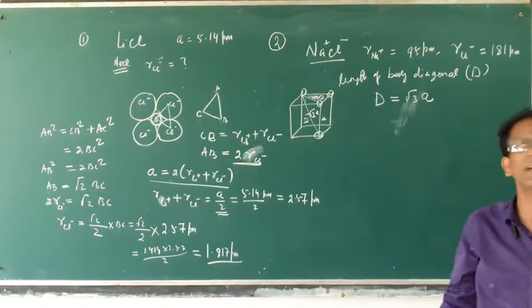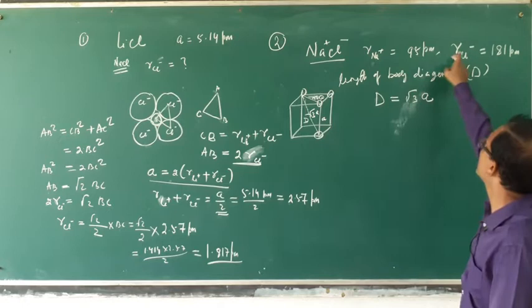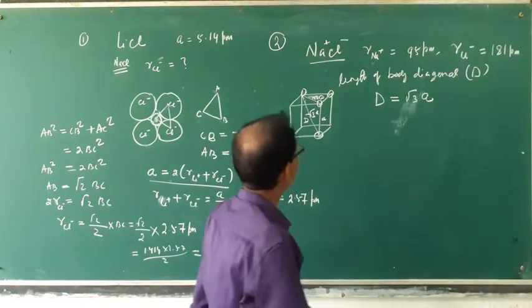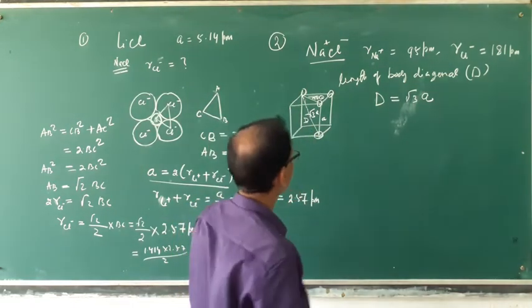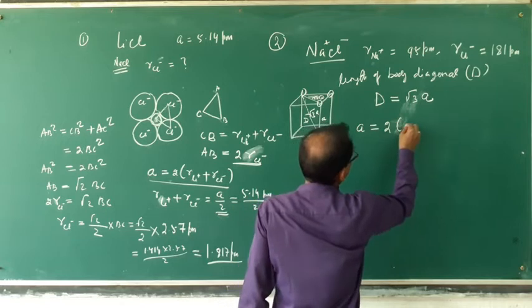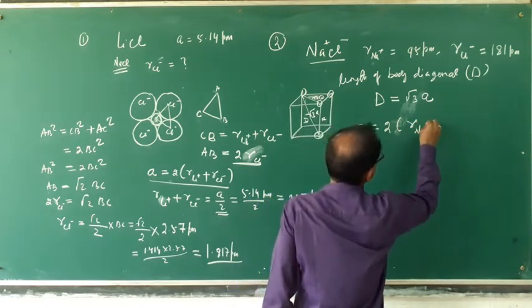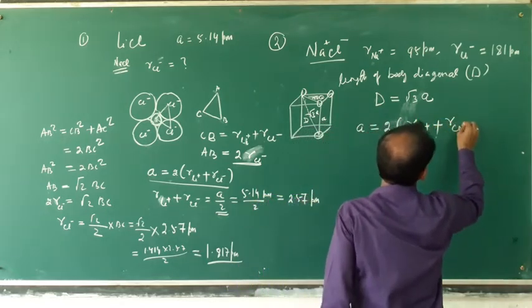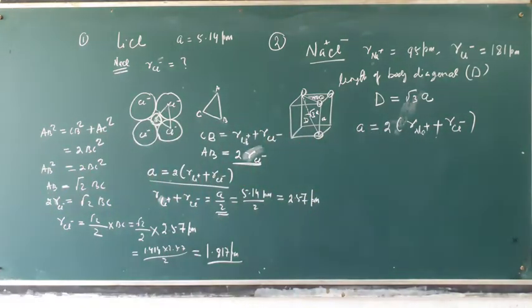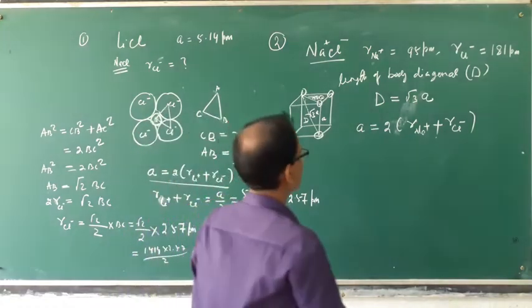But indirectly what is given? Cation size and anion size are given. For NaCl type crystal, FCC pattern crystal, here a is always equal to 2 times (R of Na plus plus R of Cl minus). This is a very important relation between edge length and cation-anion size.